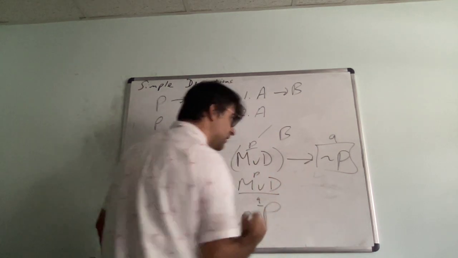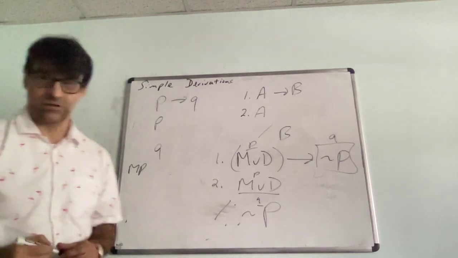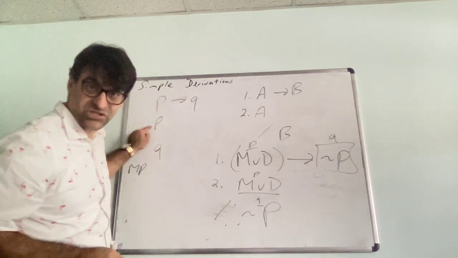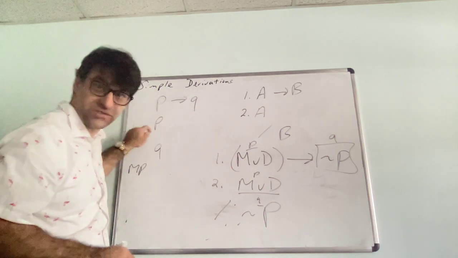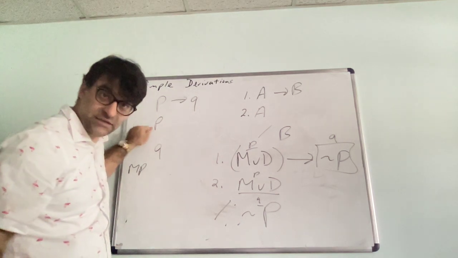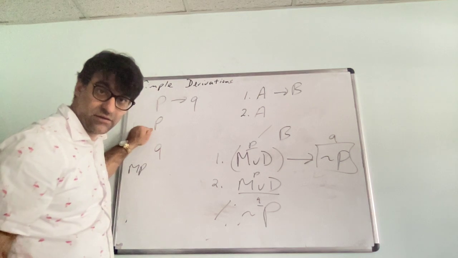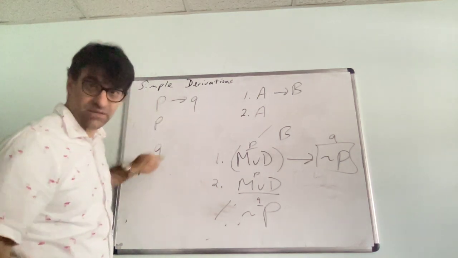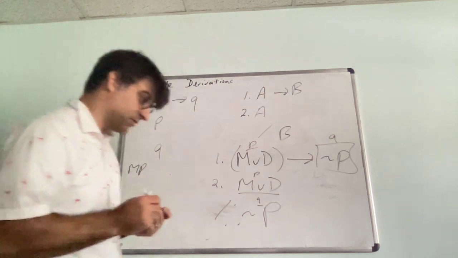Q is repeated here, identical. P and Q can stand for any proposition. You just stay consistent. Whatever the proposition was, you just carry it. It has to be identical here. If it's a negation, this will be a negation, and the same over here. That's the modus ponens pattern.